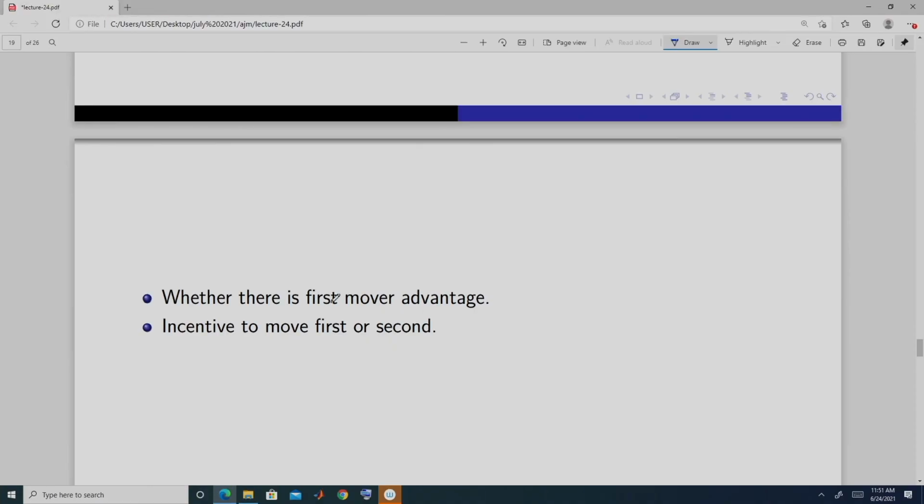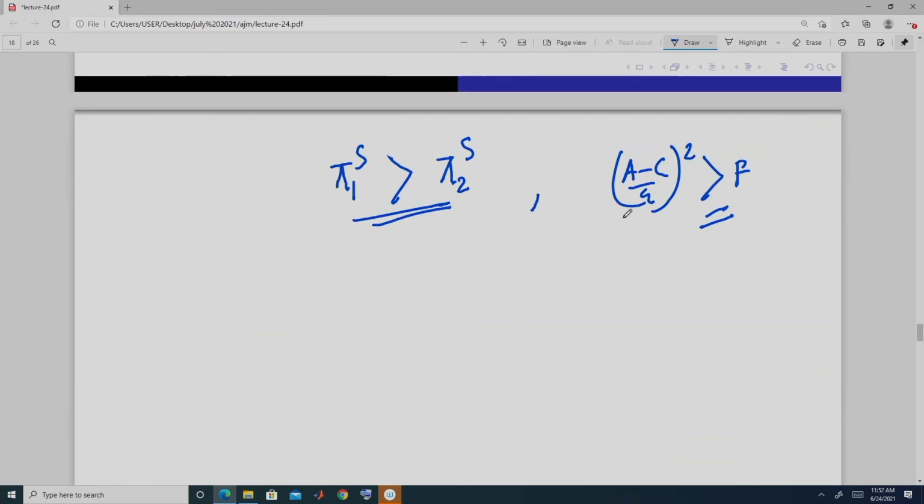So, this immediately gives that if I move first, then I have an advantage. So, is there a first mover advantage? Yes, there is a first mover advantage. We have found it when the cost functions are similar.